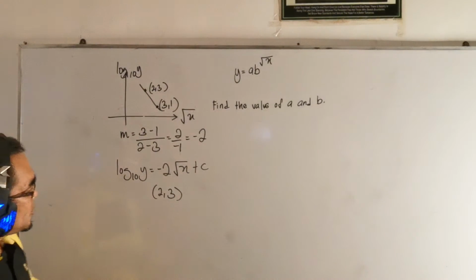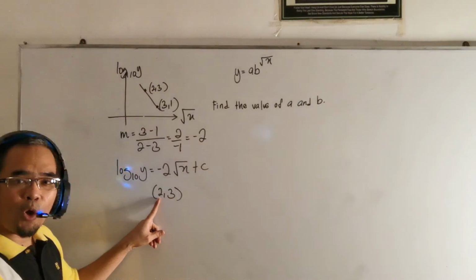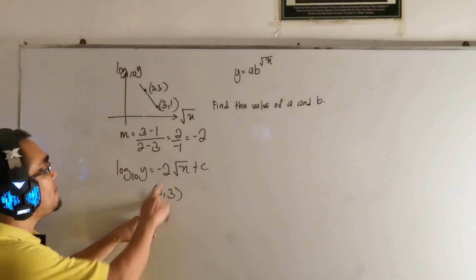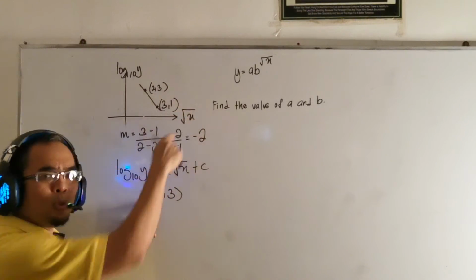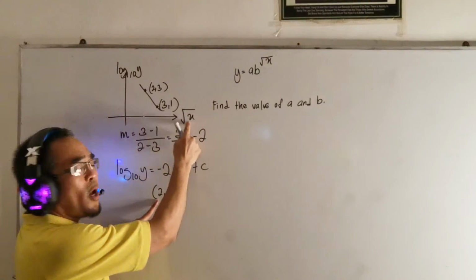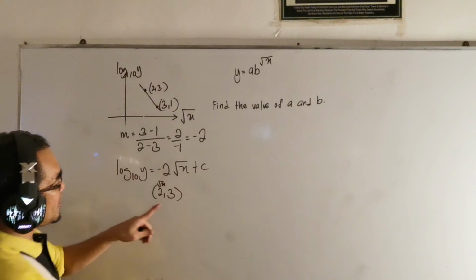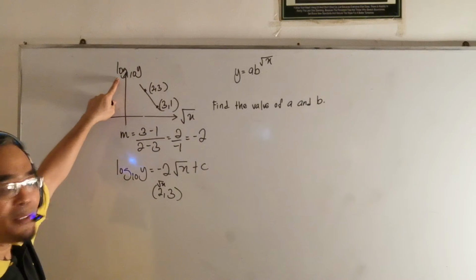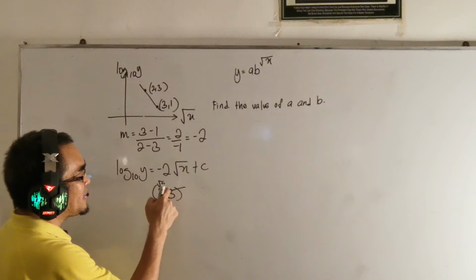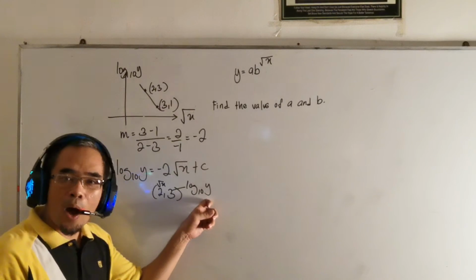Before we continue, we have to remind you again that 2 is not x, 3 is not y. You have to look here. Usually the axis labeled x is now labeled with the square root of x. So 2 is the value for the square root of x. And because this axis is labeled log 10y, 3 is the value for log 10y, and not y.